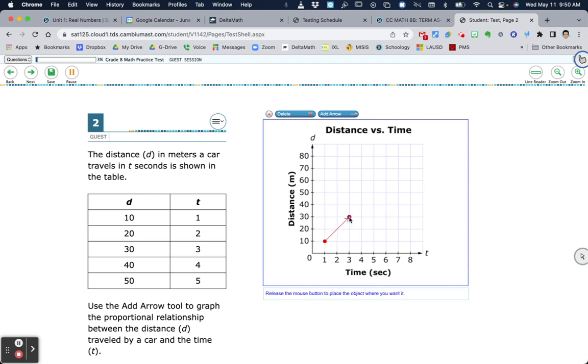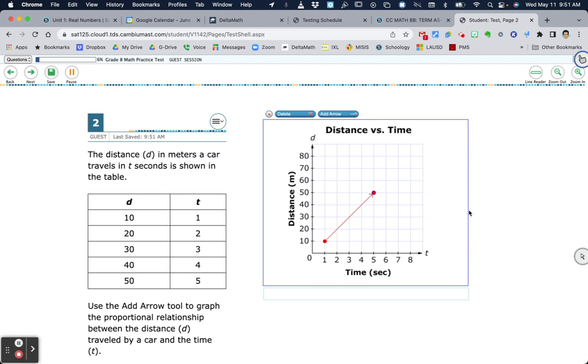Oh. You know what? It just lets you do 1. So I'm just going to do this one. I want to end up at 5. Because at 5, it has to be 50. There. So 1 to 10, I got that. 2 to 20, I got that. 3 and 30, 4 and 40, 5 and 50.